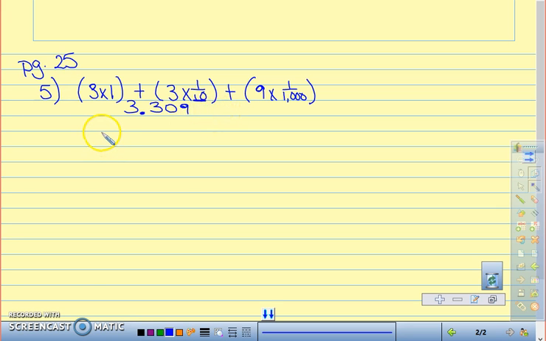Okay, let's go ahead and look at number 6. And it says 9 and 20 hundredths. Now this one is a little tricky, but I promise you it's going to be okay.